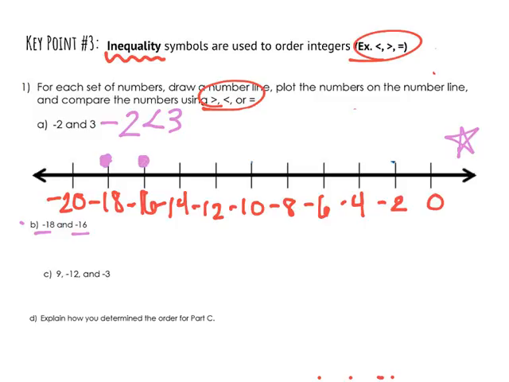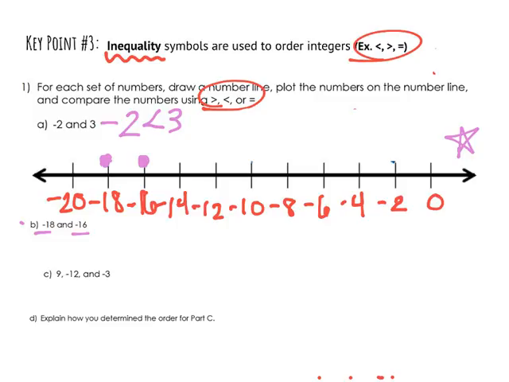Our example in part A was a little bit easier because we know that any positive integer is always going to be bigger than any negative integer. So now we're being asked to compare two negative integers. So they're both to the left side of 0. So now I need to compare and ask myself which one is smaller and why.